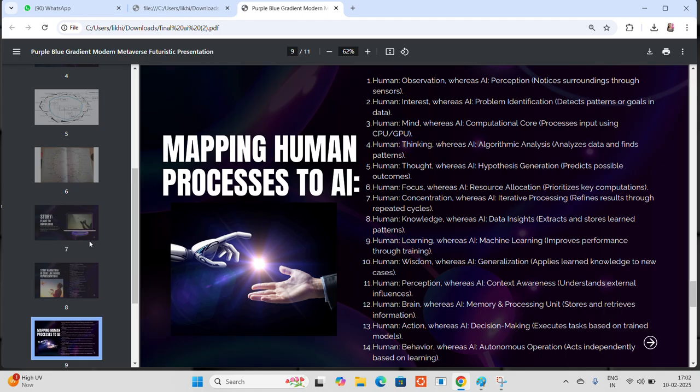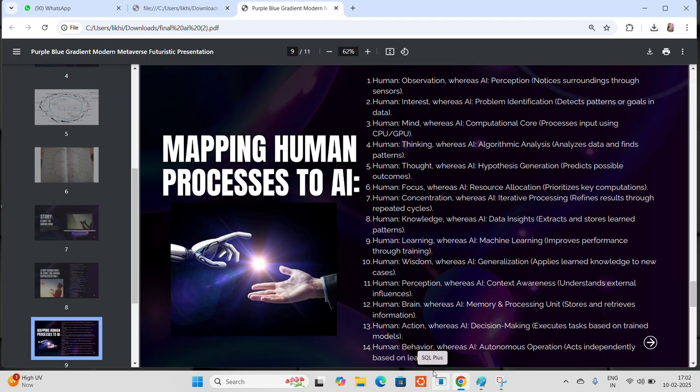Coming to wisdom. In humans we use the component called wisdom, and AI uses a component called generalization. Generalization means AI generalizes how it learned and how it is to be applied in new scenarios. This is all about AI generalization.